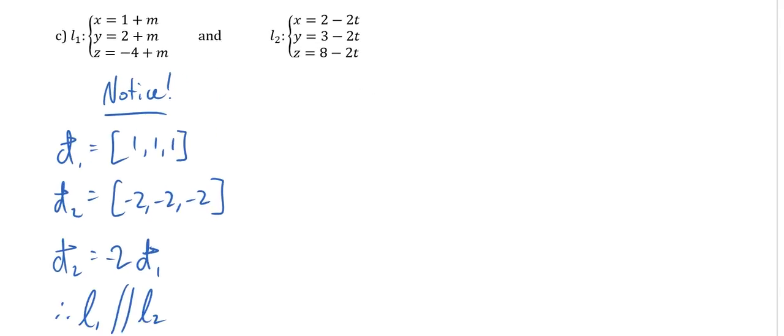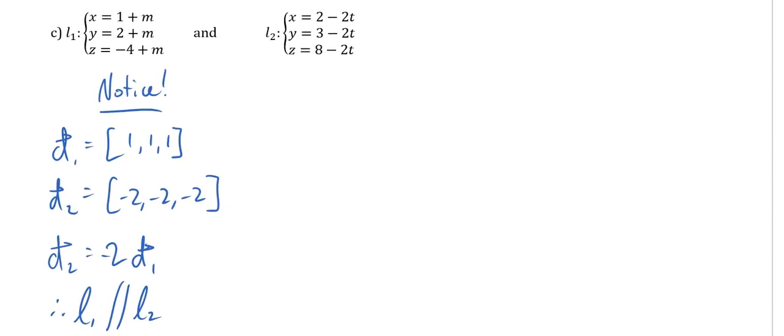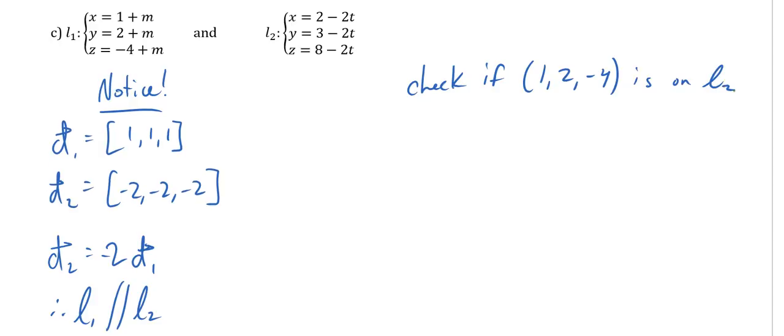So what can I do with that? What did we do last time? We checked if a point from one was on the other. Position vector is a point, so we can do that. So we're going to check if the point 1, 2, negative 4 is on L2.